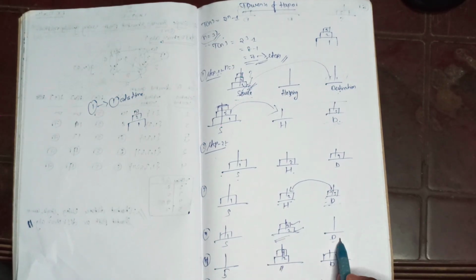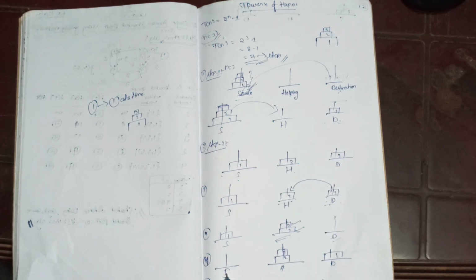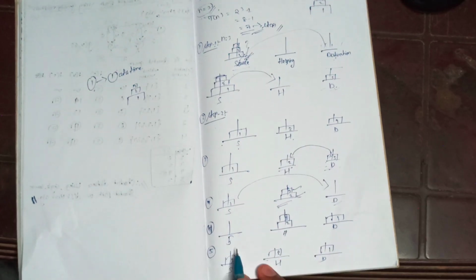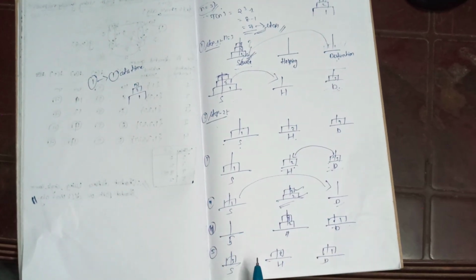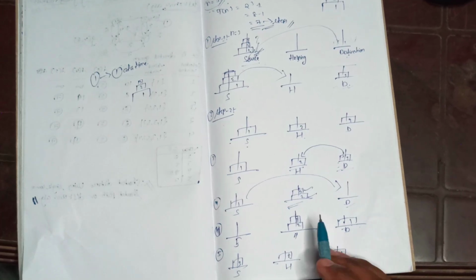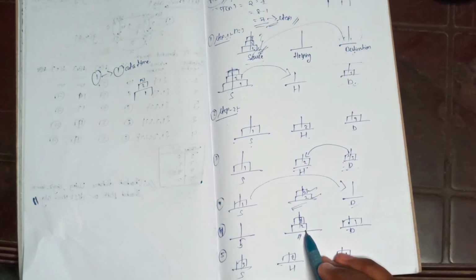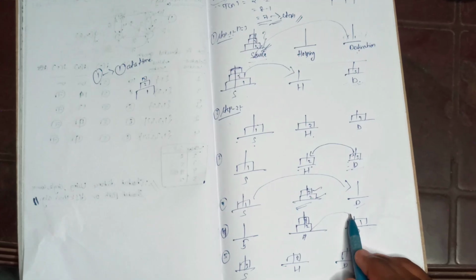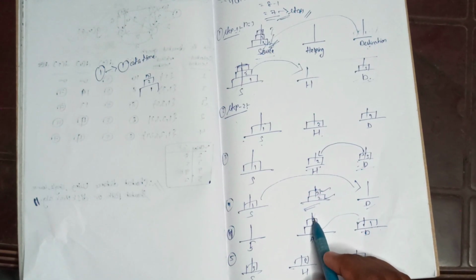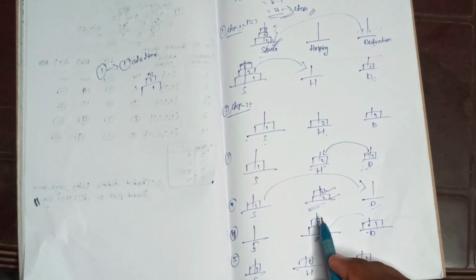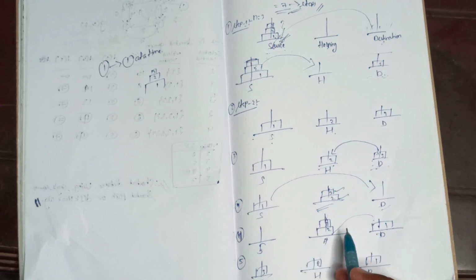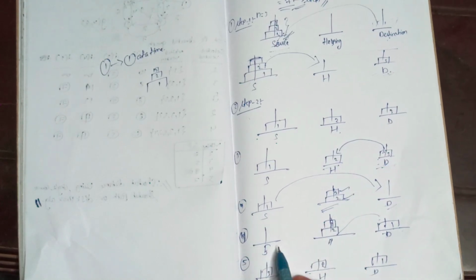Now the destination is empty, so we shift the 1 to the destination. Are you getting? Next, 1 is in the destination, but what we need is the next node, 2. But the first value which has to come out is 3. The source is empty, right?